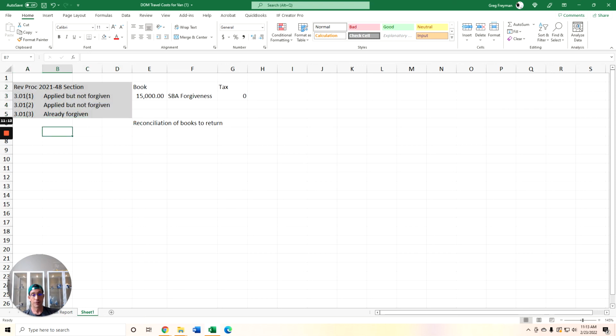You're getting rid of this loan forgiveness into income, right? So most will fall into the third. It's under Revenue Procedure 2021-48, and it's going to ask for a section of the code. Most will probably fall into this part where it's been already forgiven, and that's it.